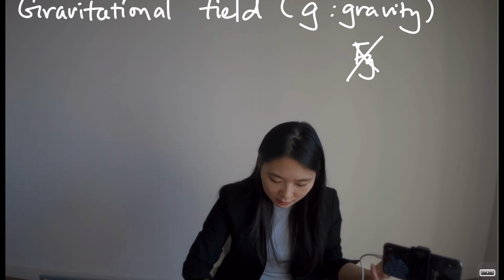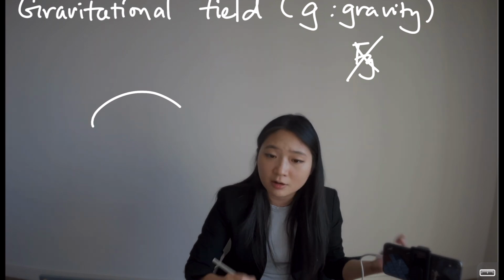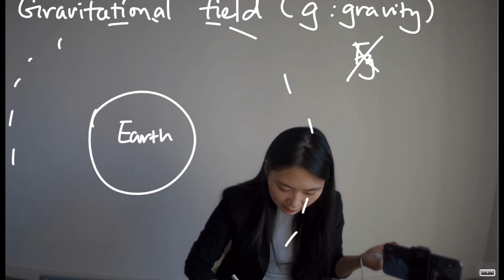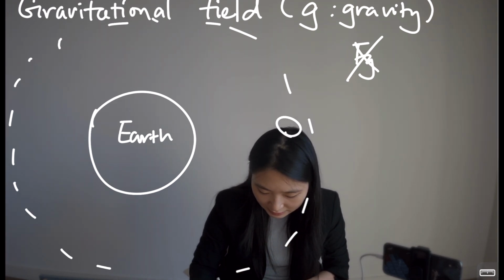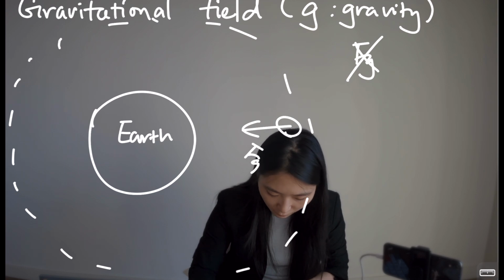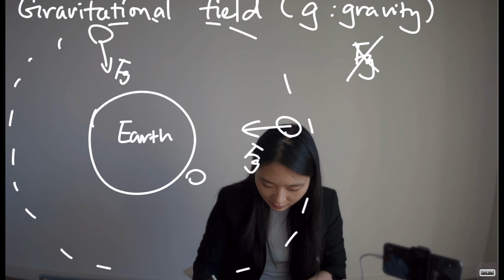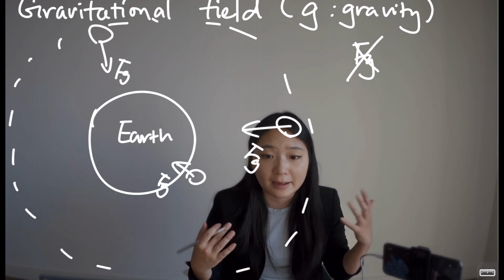When it comes to a gravitational field, let's say around the Earth or around the moon, around any planet, once you enter this three-dimensional space, the object will always experience a gravitational force, no matter where you are in this field. That's what I mean by field.